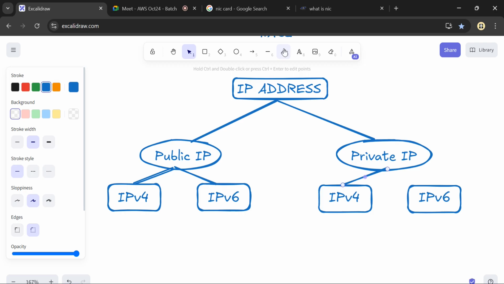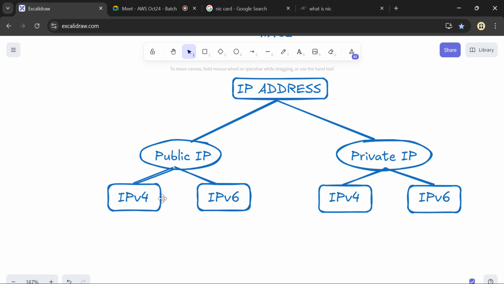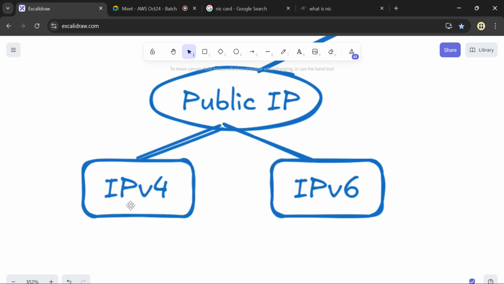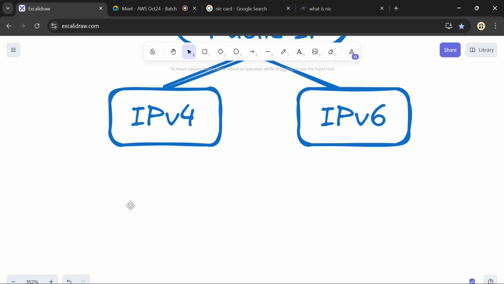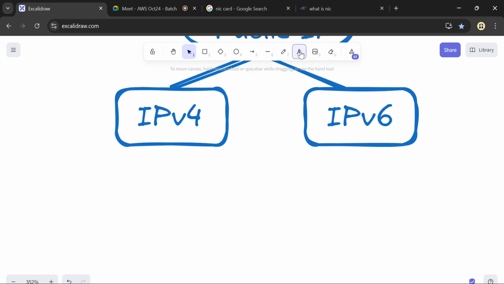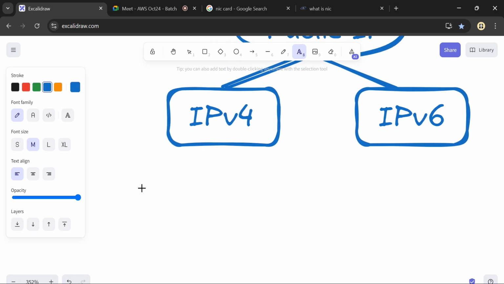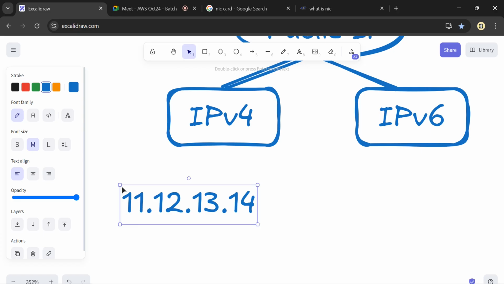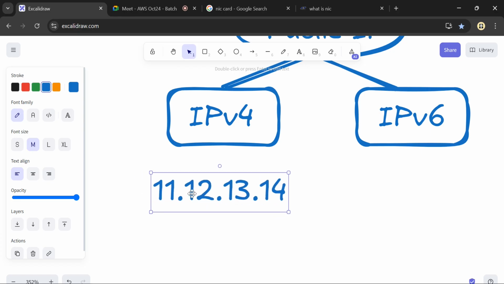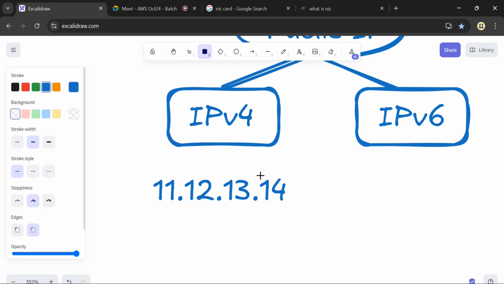But what is the difference between IPv4 and IPv6? First, we will discuss that, and then we will discuss the difference between public IP and private IP. So IPv4, as the name says, has four blocks of numbers. For example, it's like this. Okay, so there are four blocks, and each block that you have over here is of 8 bit.